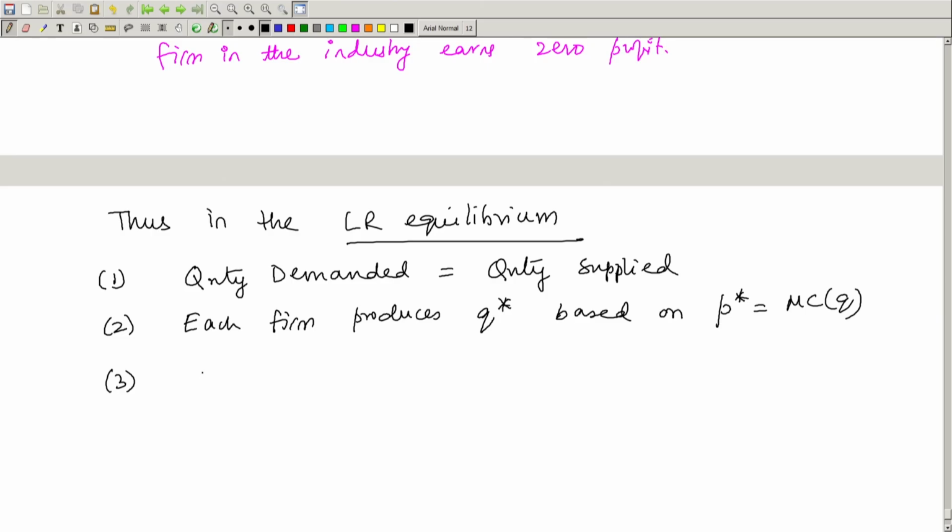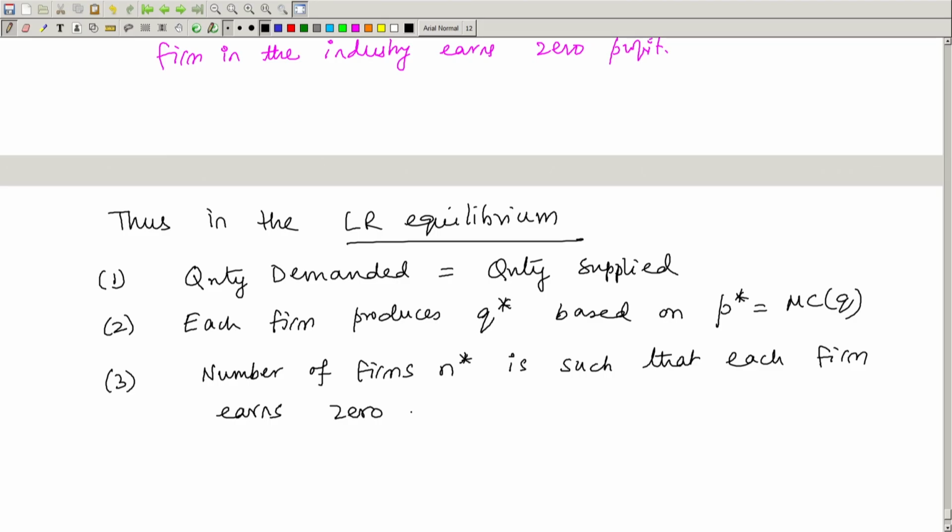But the third point is that the number of firms N star is such that each firm earns 0 economic profit, right.